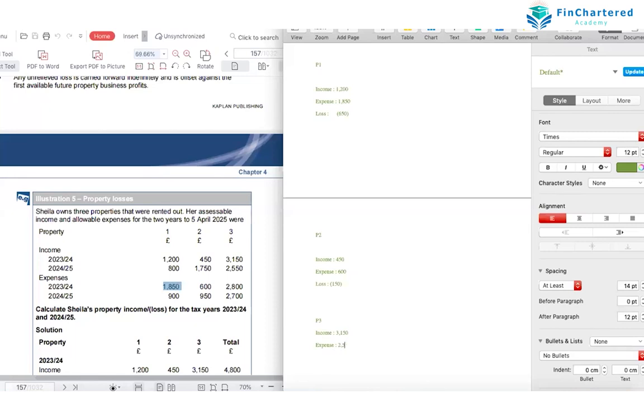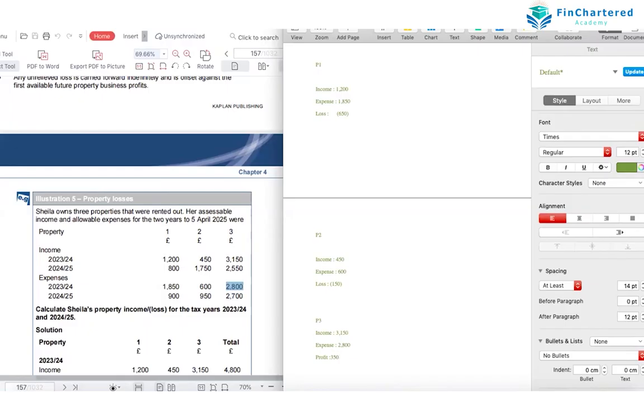Expense is 2,800. So this property has a profit of 350.